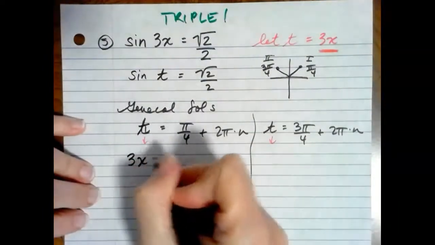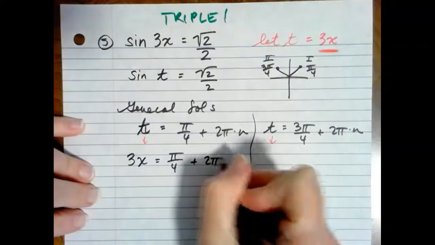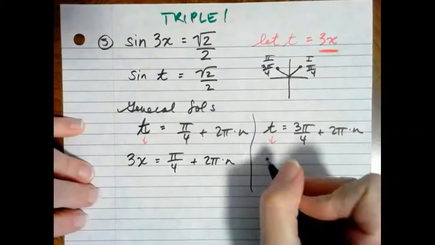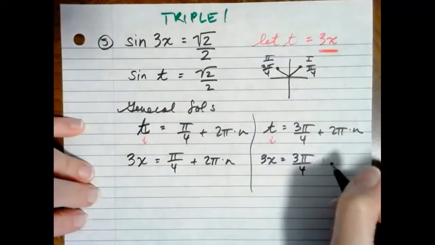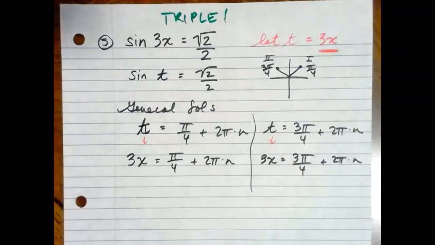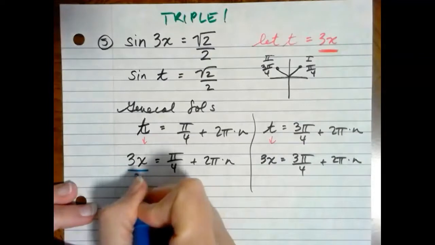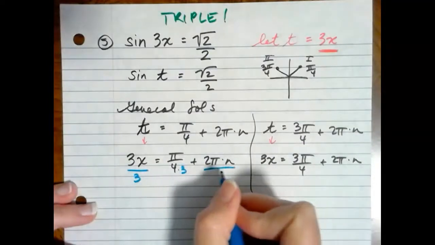So 3x equals pi over 4 plus 2 pi times n. 3x also equals 3 pi over 4 plus 2 pi times n. So now we are going to solve for x by dividing everything by 3.